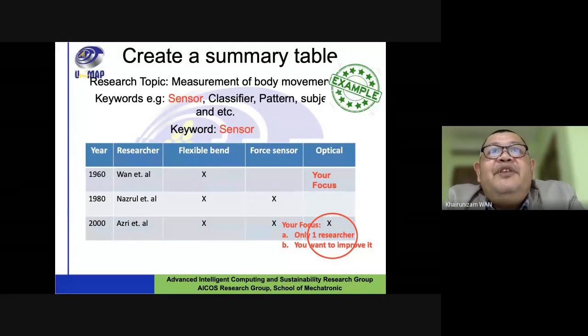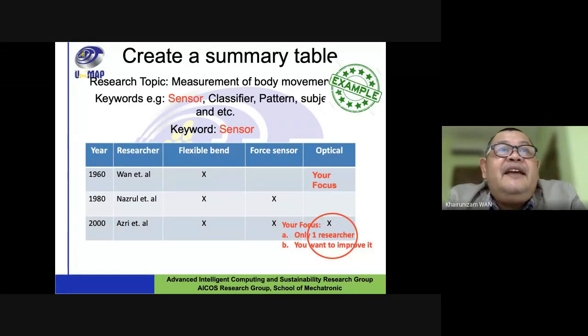The example I want to share with you is creating a summary table. You create a summary table and tabulate all information onto that table. In this example, the research topic is measurement of body movement. So you want to conduct research on measurement of body movement. And then the keywords for this research are sensors.